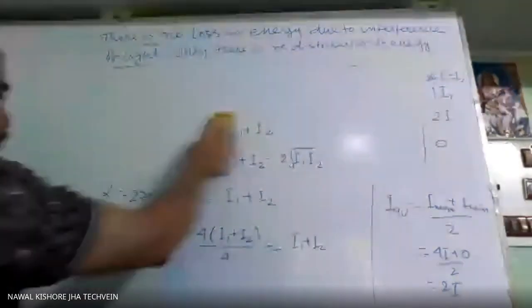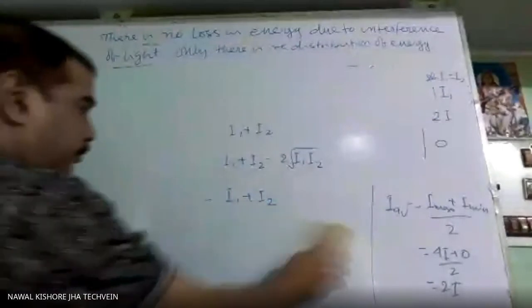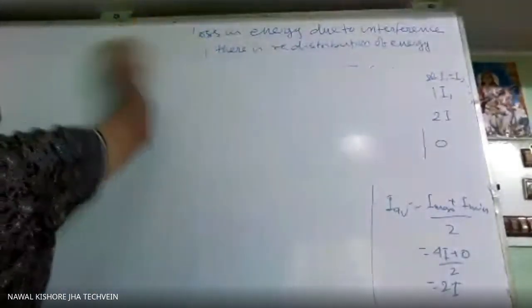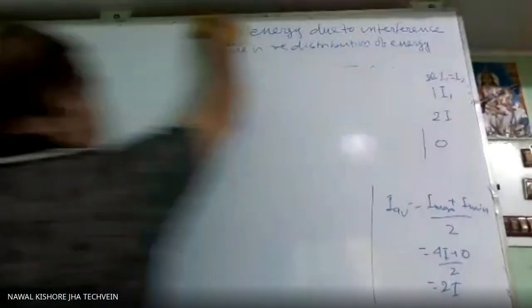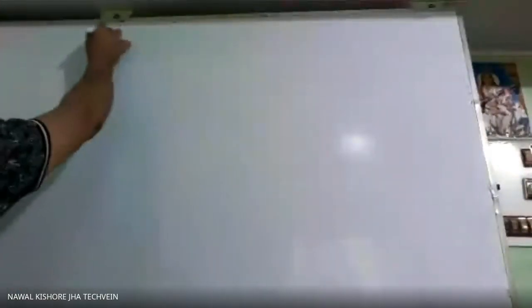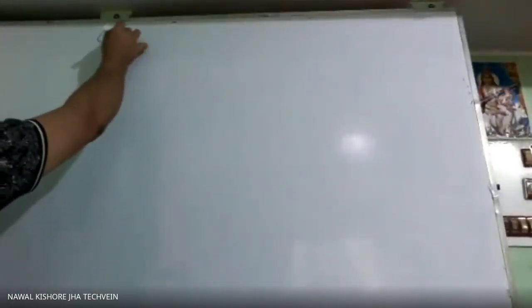Now if we plot a graph, the graphical representation for variation of intensity.